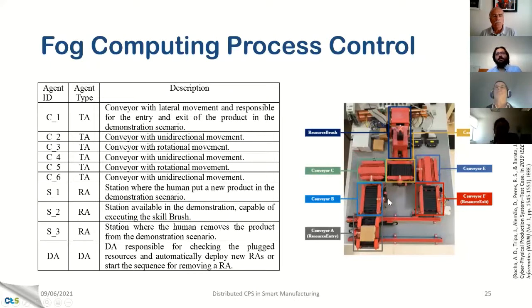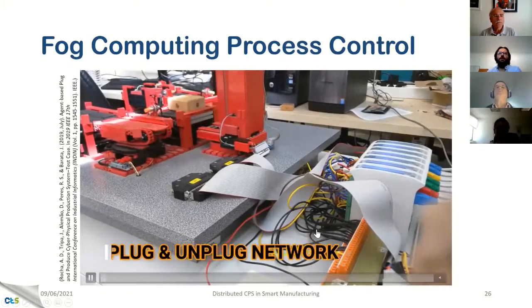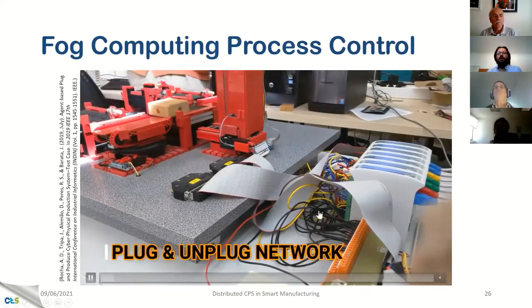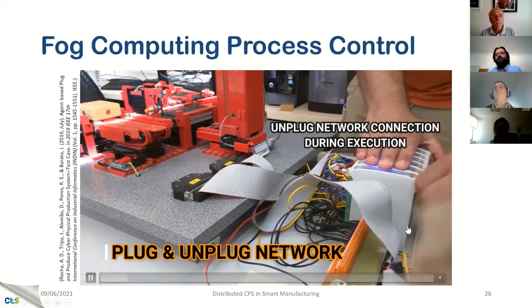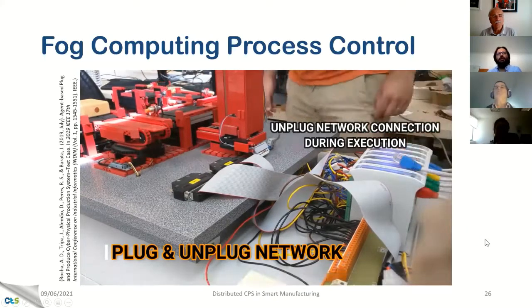We did, as I said, an experiment with this approach, with just an educational kit, that basically we have one PLC for each conveyor belt, and one PLC for the station, and basically we can detect which PLCs are connected and not connected.